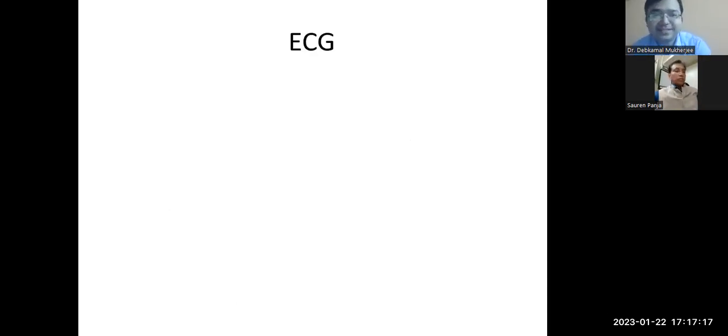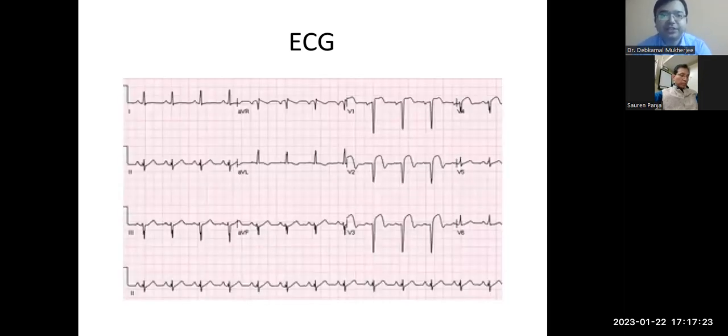So the next step which we did in our ER was to get an ECG done for this patient. This was the ECG rhythm strip which was recorded. It showed ST elevation in V1, V2, V3, and V4 with presence of pathological Q wave. T was inverted, and this ECG clinched our diagnosis.